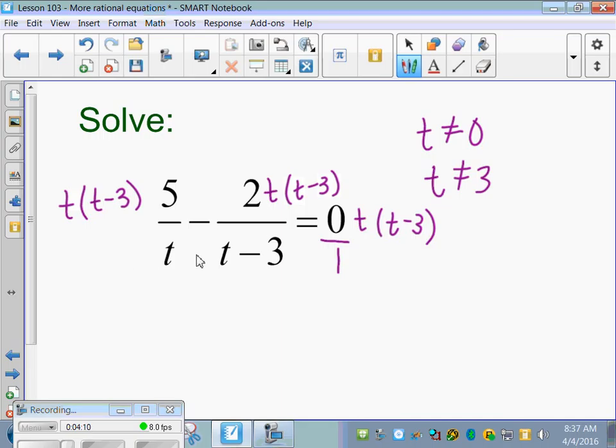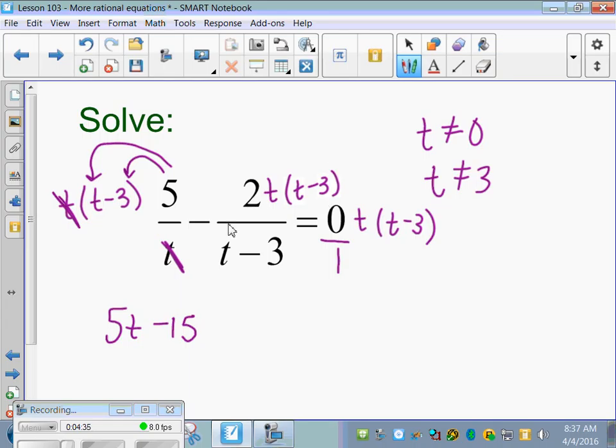In the first fraction, what's going to cancel? Good. The t cancels with the t, so you shouldn't have a fraction anymore. And the 5 has to multiply and distribute to the t minus 3. So 5 times t is 5t. And 5 times negative 3 is negative 15. Now I have the next term.